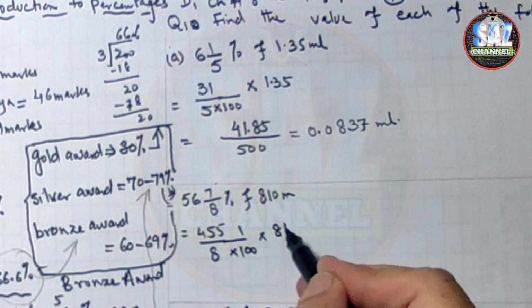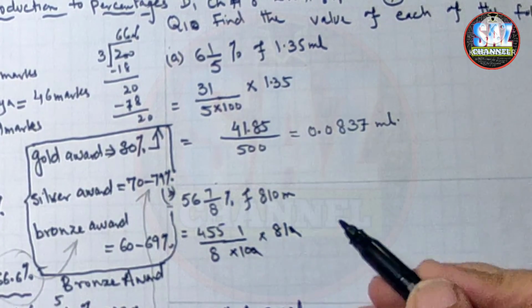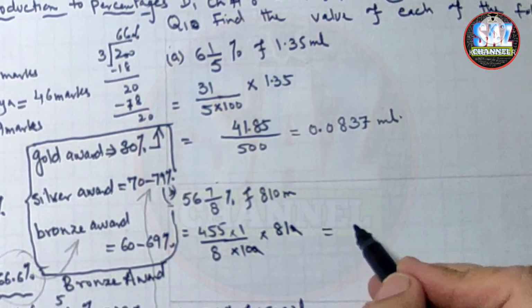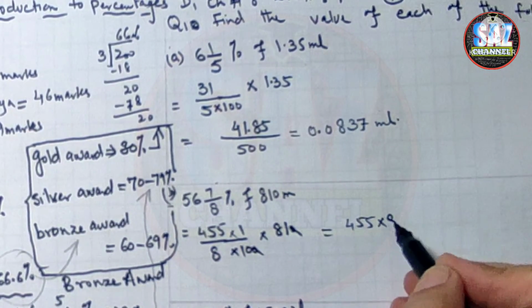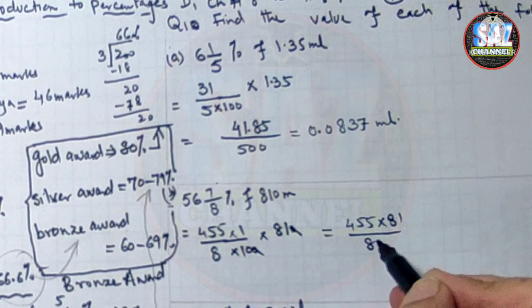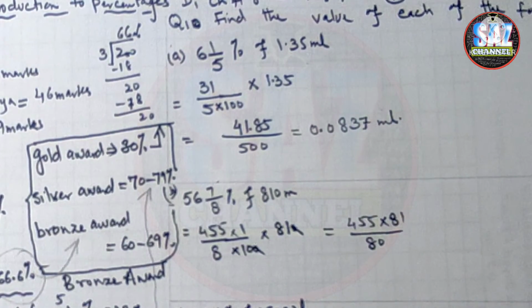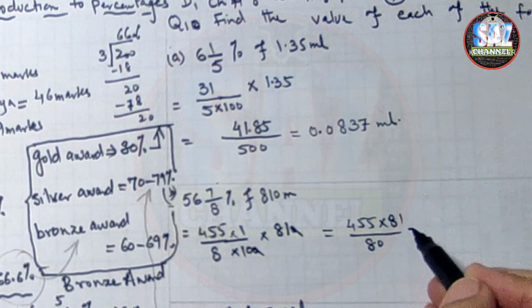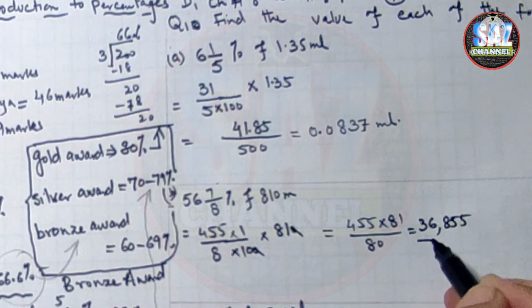multiplied by 810. Okay, now we can remove these two zeros, and we are left with 455 multiplied by 81 upon 80. 10 times 8 is 80, and now 455 multiplied by 81 gives me 36,855 by 80.